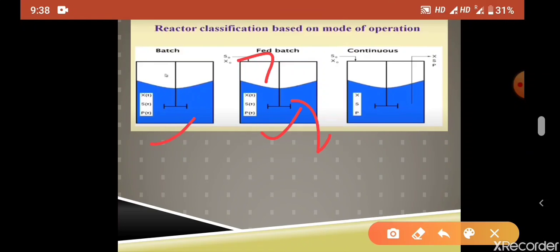And in the continuous system, there is continuous inflow and continuous outflow from the reactor.